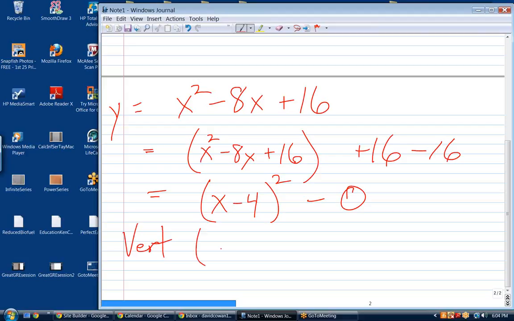Wouldn't my vertex be 4, 0? 4 comma 0, right. And graphing it helps if we have a vertex. So there's our vertex. That's not completely enough to graph it, but it's enough to show us quite a bit.